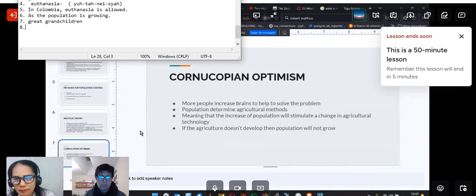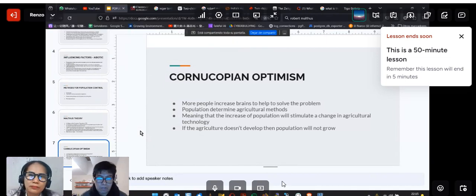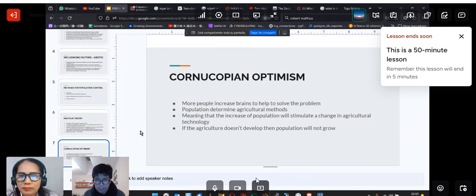Later it was refuted, because with the industrial revolution and the extensive use of technology in agriculture, his ideas were proved wrong, because thanks to technology, there were ways to produce more food for the growing population.